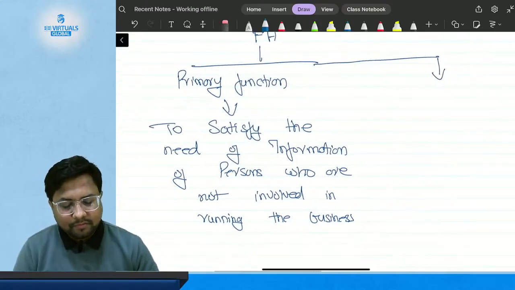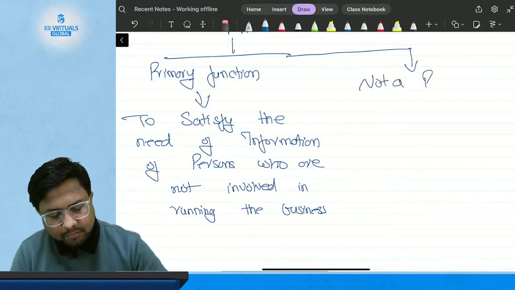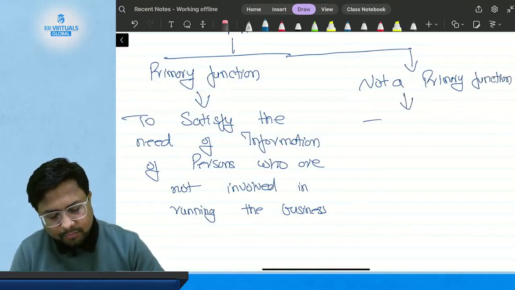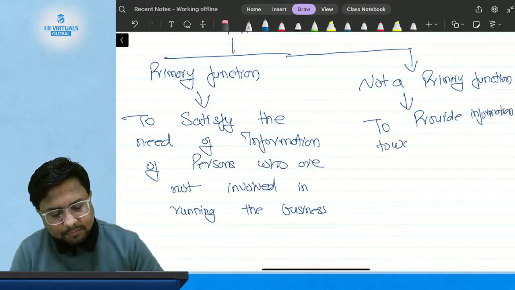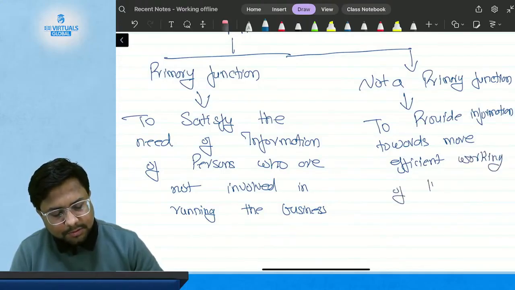What is not their primary function? To provide information towards the more efficient working of the business.